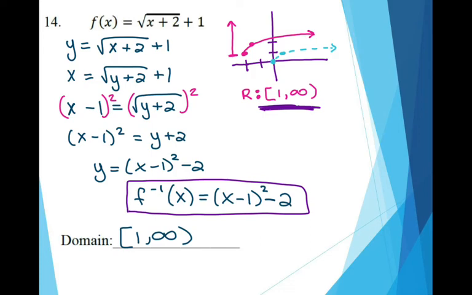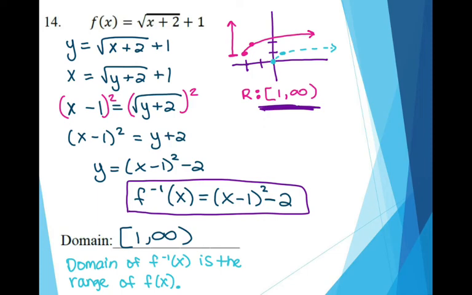So once again, the domain of the inverse is the range of the original. So let me make a note: domain of the inverse is the range of the original function. So be careful with that.